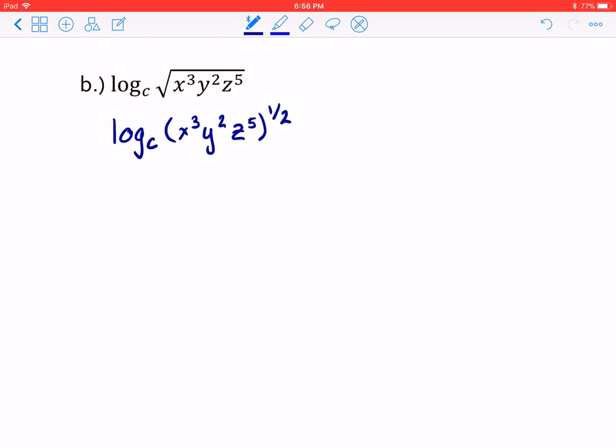So the 1/2 power is going to be affecting all of that. Here you now see that the 1/2 needs to come out first. So we have 1/2 log base c of x cubed y squared z to the fifth.